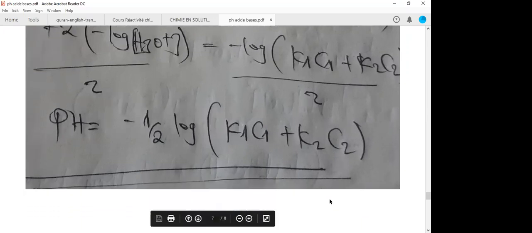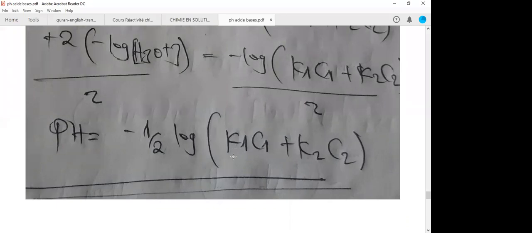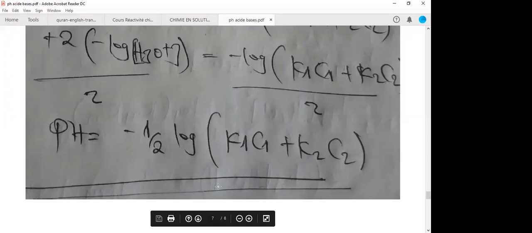Meaning that if we have 2 acids, this is the pH that we're going to use if both acids are weak, and the constant of acidity 1 times the concentration of acid 1 is less than 10 times the constant of acidity of acid D times the concentration of acid D. If that condition is verified, you go directly and find the pH using this formula.